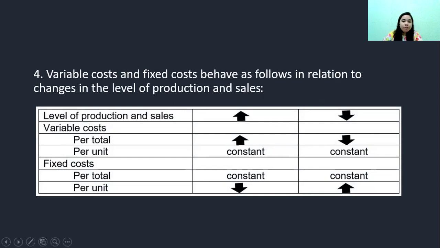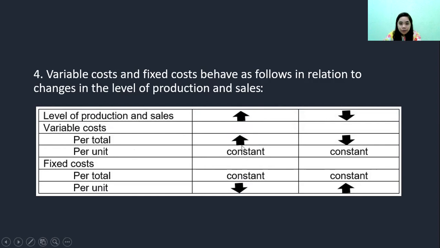No? If your level of production increases, so your variable cost per total also increases since it is directly proportional to the level of productions and sales. So when our level of production increases, our variable cost per total increases, our variable cost per unit is constant.